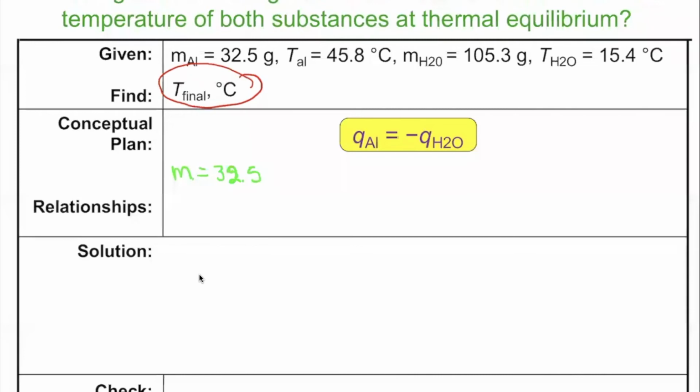Now, let's start filling out what they're giving us. What is the mass of the metal? The mass of the metal is going to be 32.5 grams. And then the Cs, it's not here, but it should be given to you in your book. It's going to be 0.903.